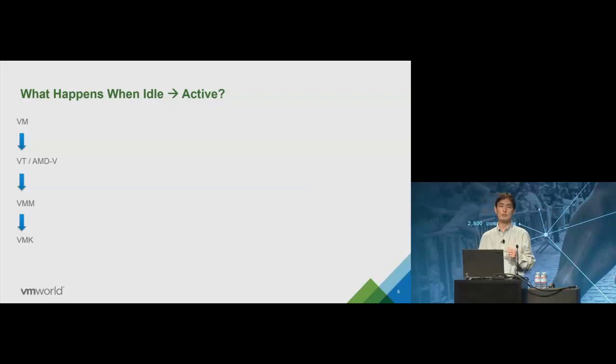VMM stands for Virtual Machine Monitor, and we can consider it a hypervisor. Your VM runs on top of an operating system, so this VMK, or VM kernel, you can consider as an operating system.